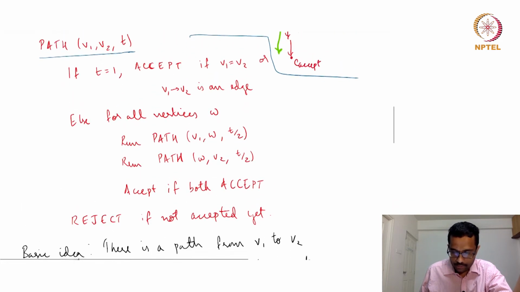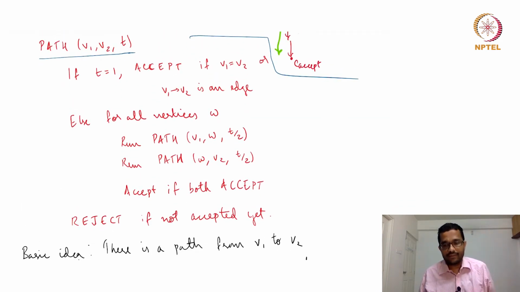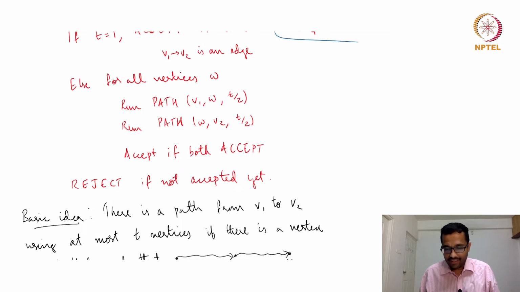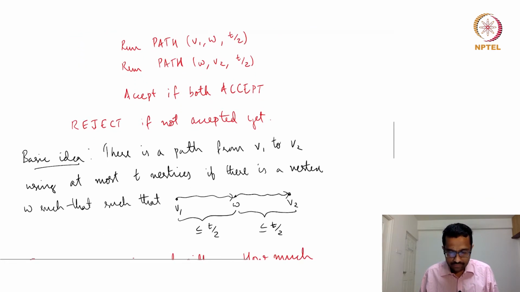So this is a simple pseudocode using a very simple recursive technique, and somehow this is all that we need to show Savitch's theorem. You may be surprised how such a simple idea leads to such a powerful theorem statement, right?